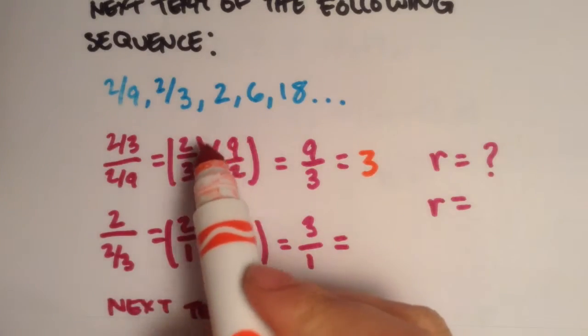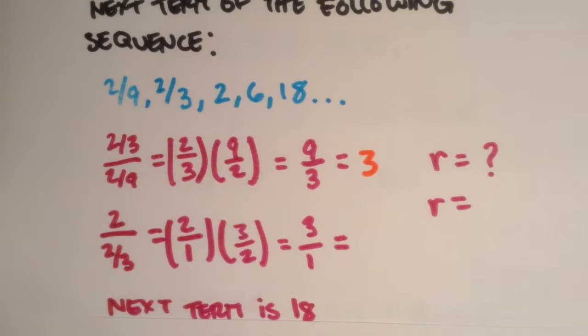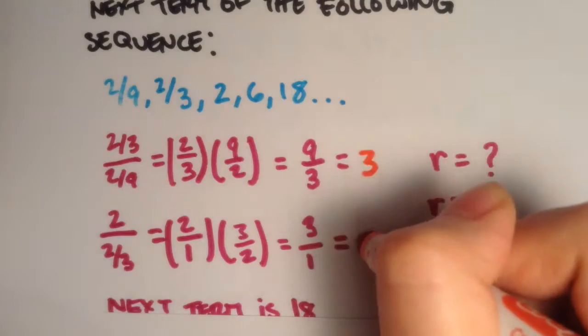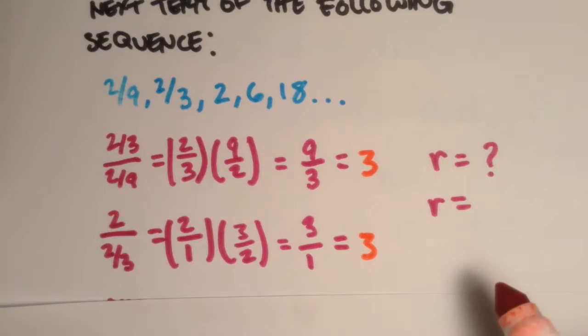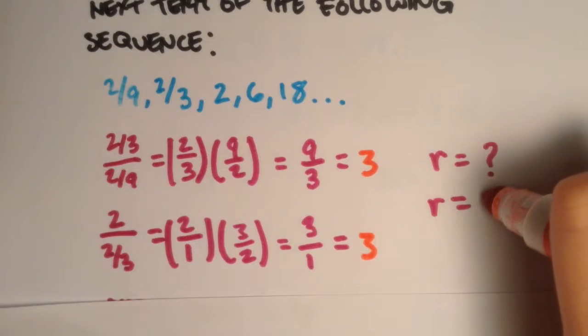And I'm also choosing 2 and 2/3, and we multiply by the reciprocal, and we get 3/1, which simplifies to 3 as well. So that means our common ratio would equal 3.